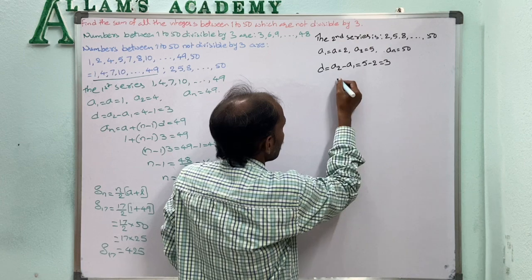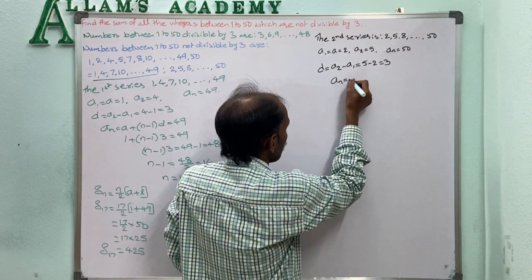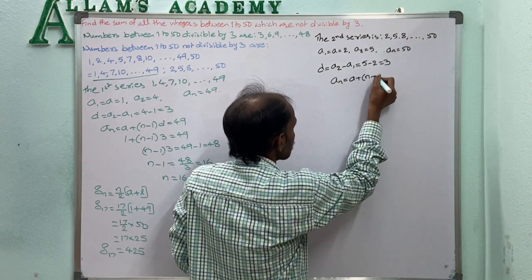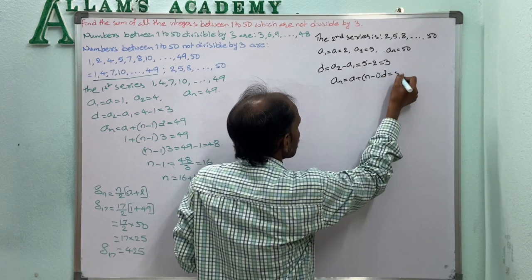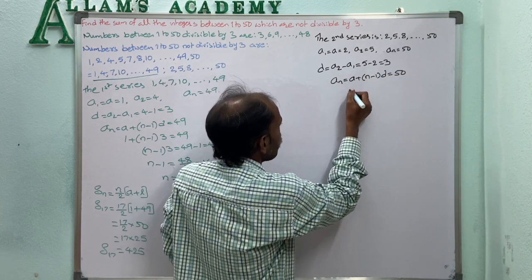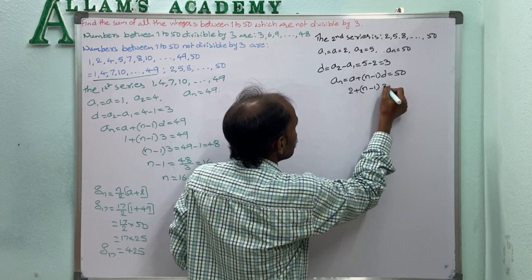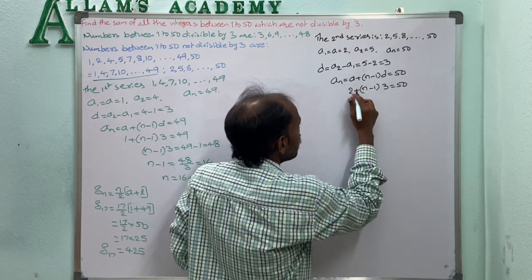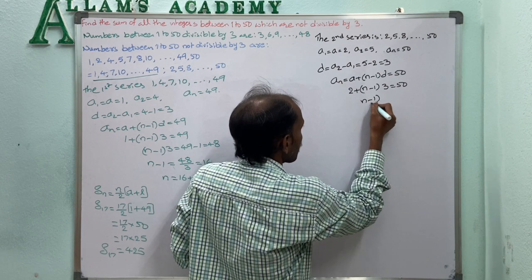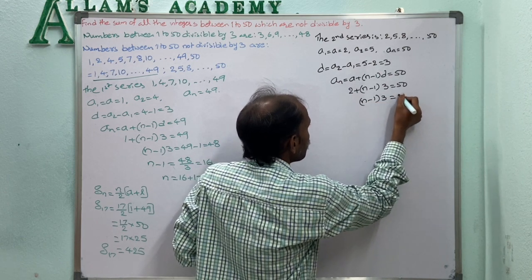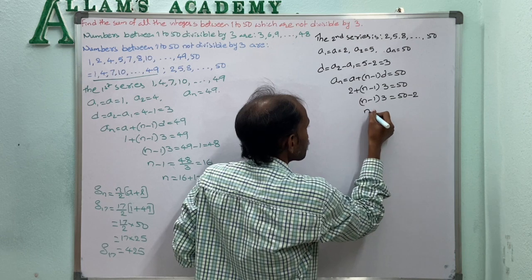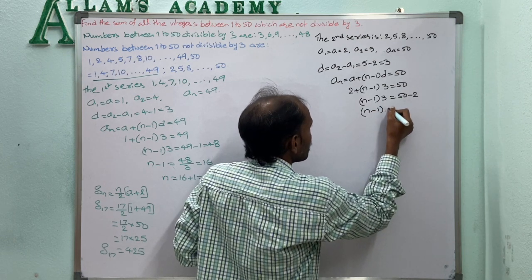Now the nth term an is equal to a plus n minus 1 into d, equal to 50 given. The first term is 2, plus n minus 1 into d value 3, equal to 50. Now plus 2 transfers to RHS as minus 2. 50 minus 2 is equal to 48.